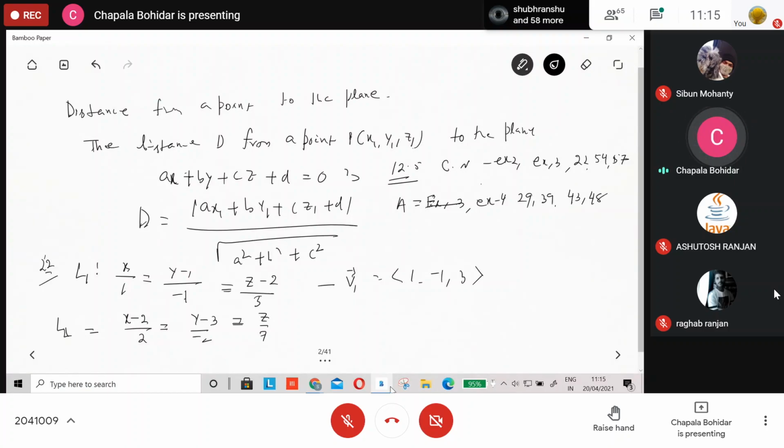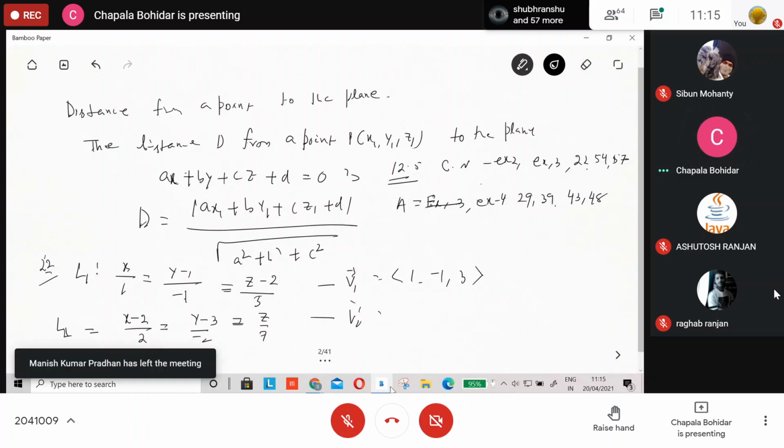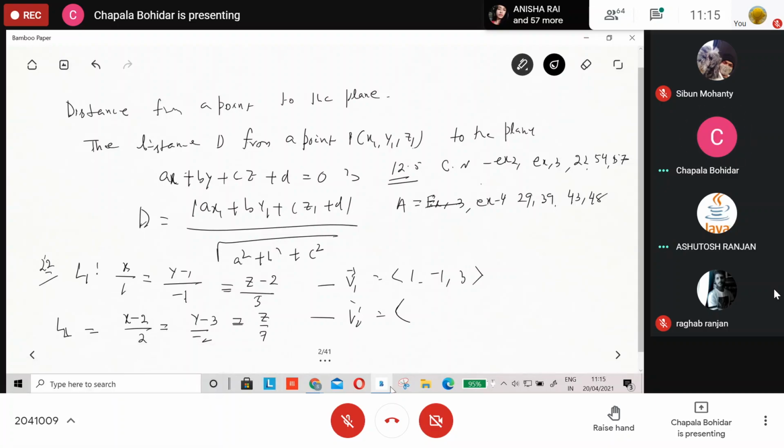And the vector V2 is 2, minus 2, 7. Are they parallel? No, ma'am. So we say that they are not parallel.